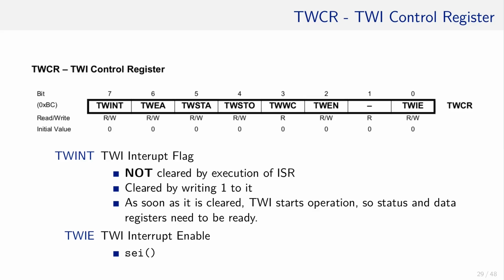As soon as it is cleared, the data from the TWI data register is read. So before clearing TWINT, make sure that the data register is loaded with the next byte and the status has been checked. While you get ready for the next data to be transmitted, the I2C hardware unit automatically stretches the SCL low signal on the bus.